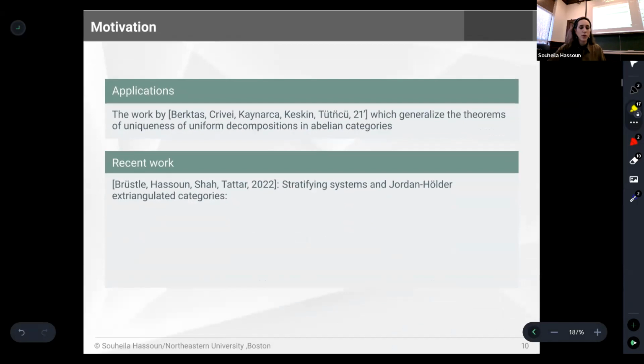And there are also some of these results that work in a more general setting, like for extriangulated categories, which is something that we recently did, but it's more technical, so I won't go into details in the extriangulated case. I just want to mention that what I'm talking about today is the exact case, but some of these results can also be studied in the extriangulated setting, which is a more general setting that generalizes exact and triangulated categories at the same time.